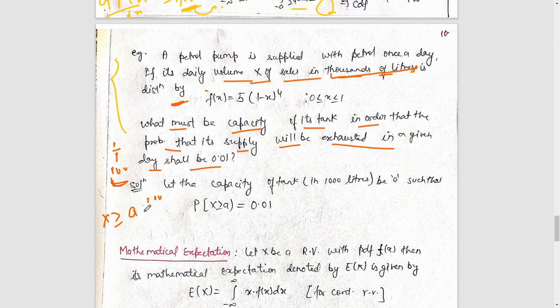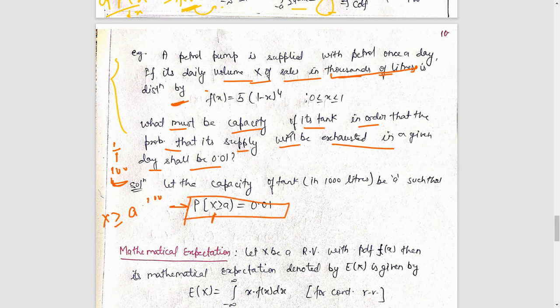So this probability will translate this way: find A such that the probability of X greater than or equal to A is equal to 0.01. It means the probability that this particular supply will end is 0.01. But how to find this A? First of all, just understand how this problem turns into this probability.